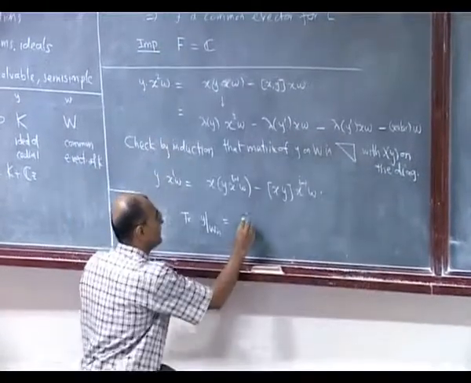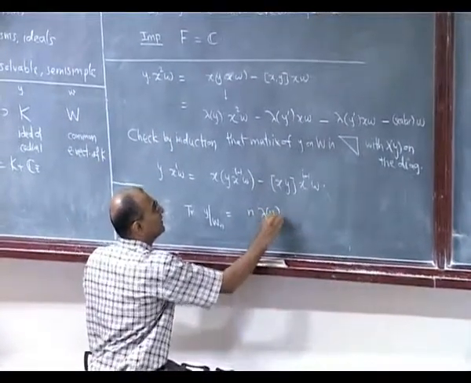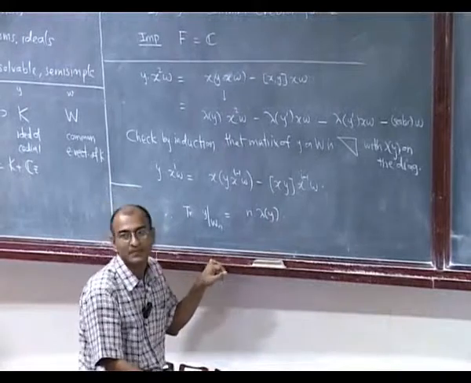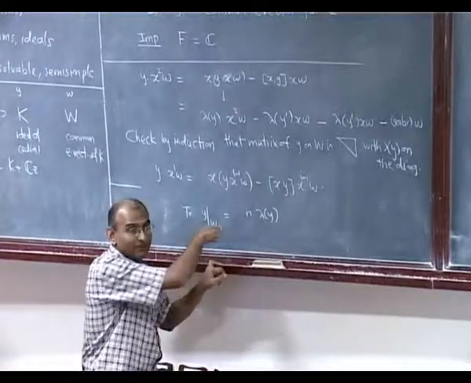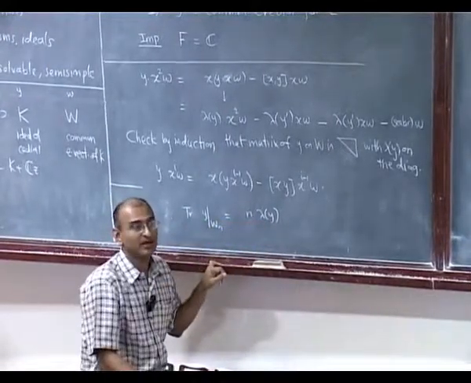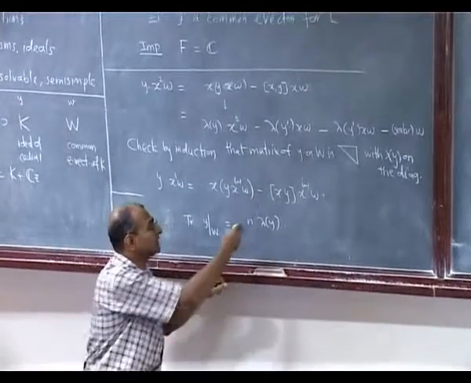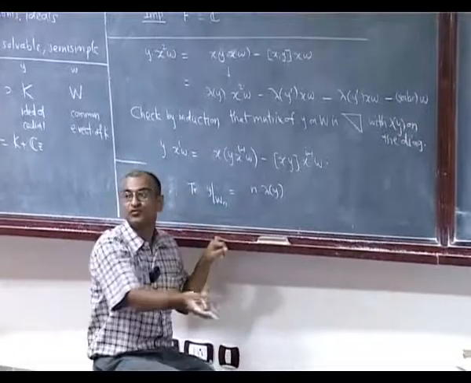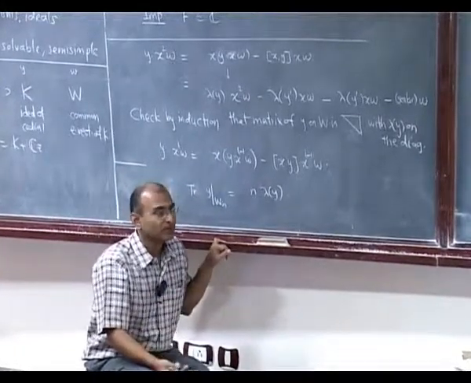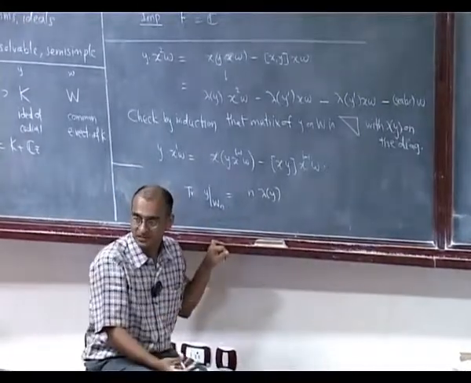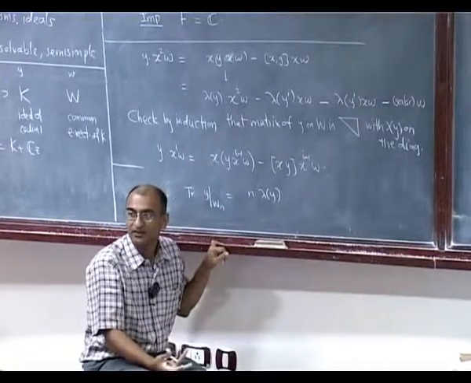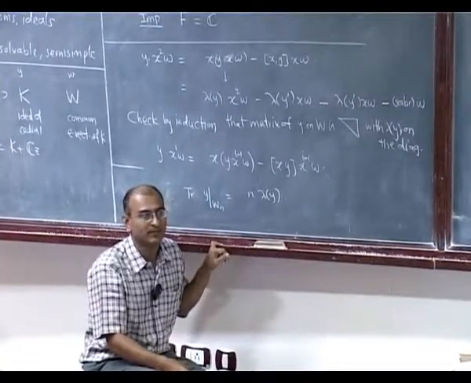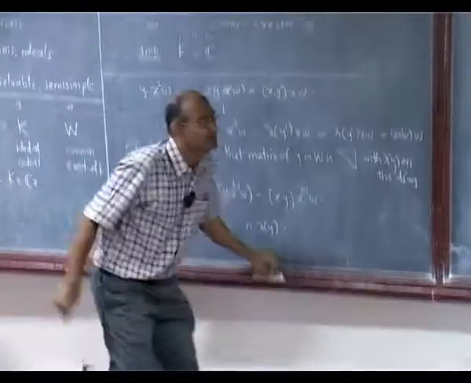So the trace is going to be n times lambda y. When I take y prime, which is the bracket of x and y, I will get n times lambda of y prime. But being the trace of a bracket, it is 0. Therefore, n times lambda of y prime is 0, and therefore lambda of y prime is 0. Okay. So fantastic result.